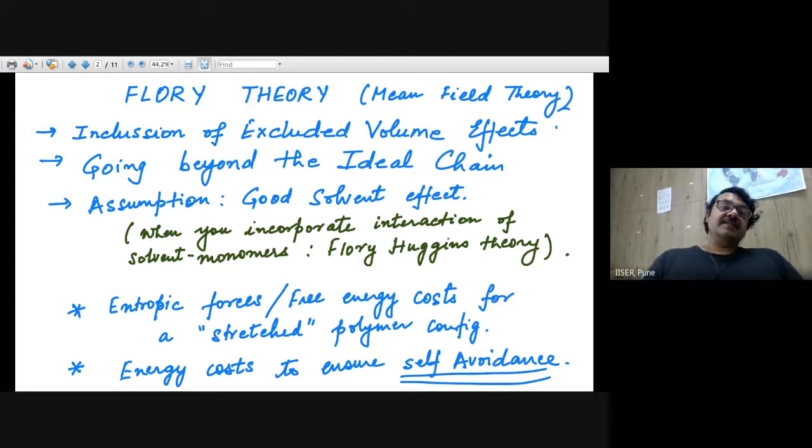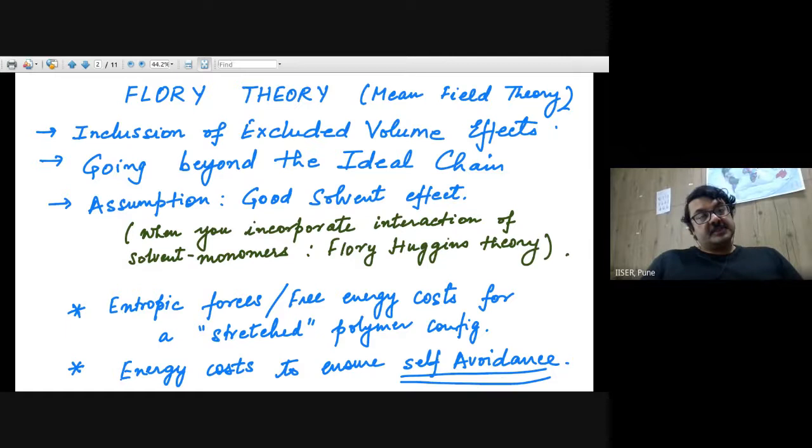Furthermore, we realize that there can be correlations between bond vectors, and the correlations between bond vectors decay at the length scale of around the persistence length. And furthermore, we figured out that the Kuhn length is approximately double the persistence length.